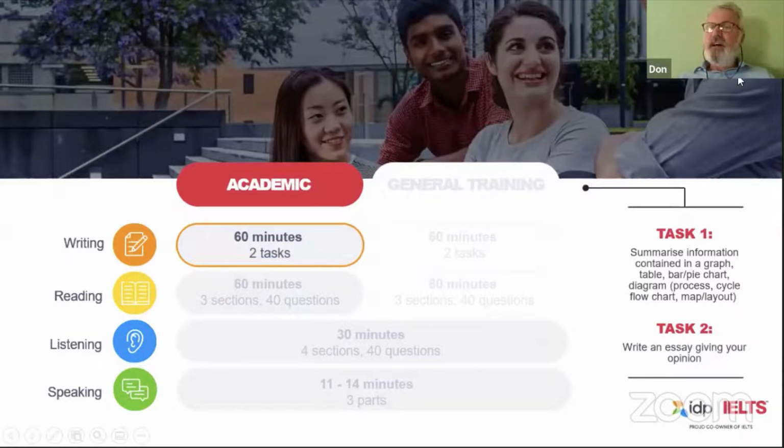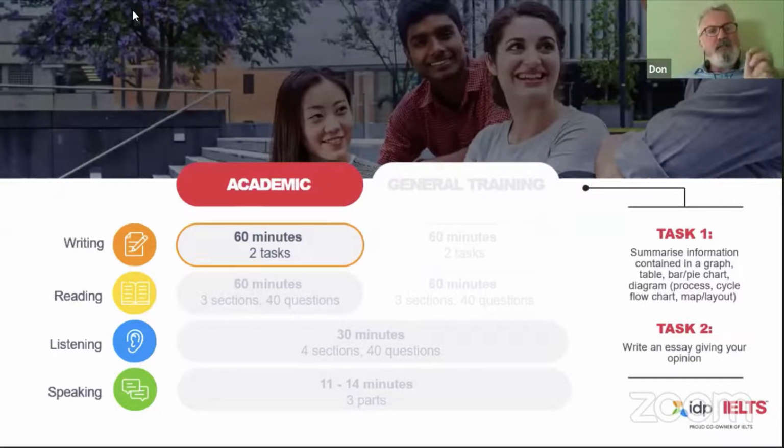Now, these two tasks are very different to each other. The first task is asking you to describe in words something that is given to you as a picture, something that is given to you as a graph, or maybe as a chart of figures, maybe a table of figures, maybe a diagram.